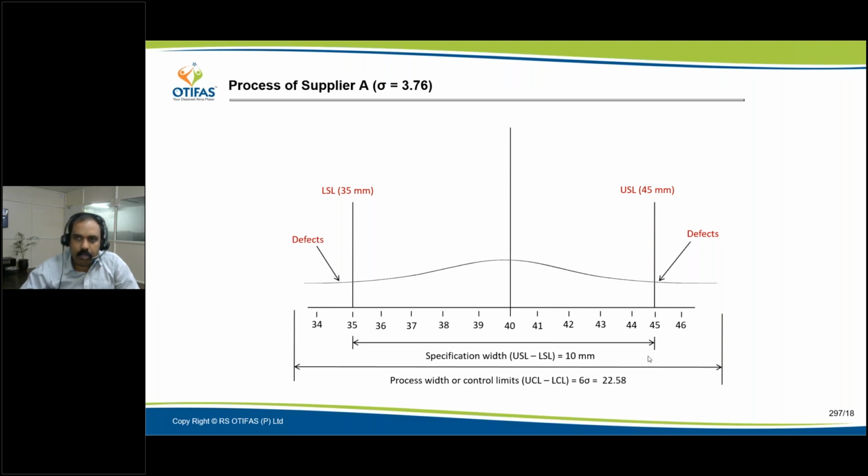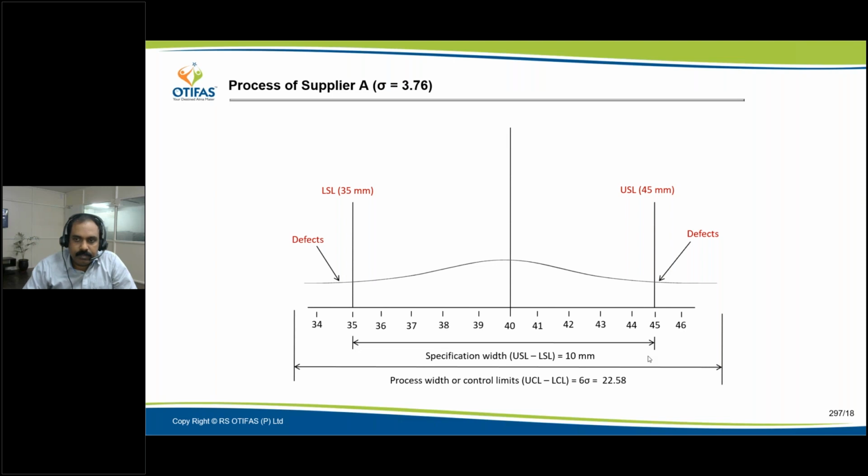No, sir. No. So when your control limits are wider than the specification limits, your process is not capable. Just take the ratio of specification limit to control limit. Is it more than 1 or less than 1? Less than 1.